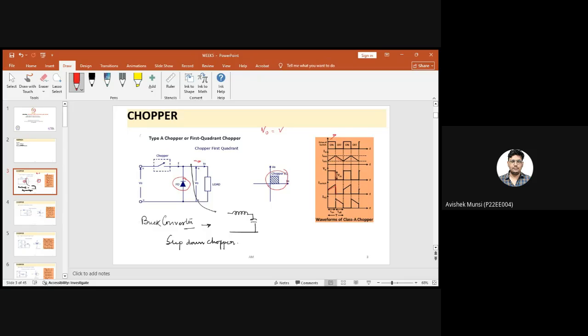Freewheeling diode current: when the switch is off, if you consider this an inductive load, it will store some energy and it will flow back through this freewheeling diode, and during that period you get the current across this diode. So this is the type A chopper, that is, the step down chopper.